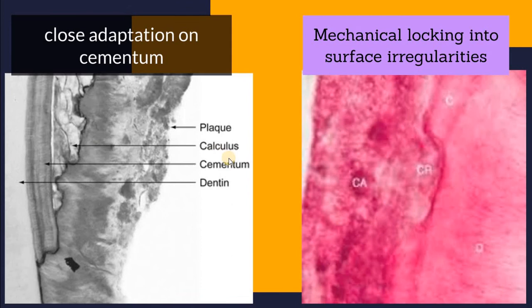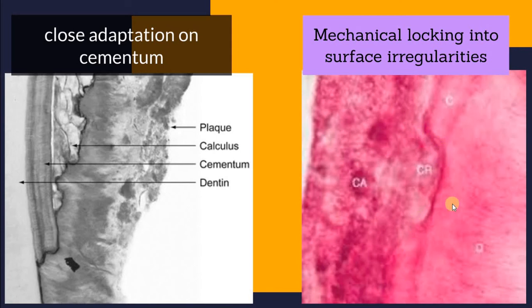We have another one, close adaptation on the cementum. We have here intact cementum without irregularities, with slight sloping, and the calculus is directly attached to it. And also we have mechanical locking to surface irregularities.